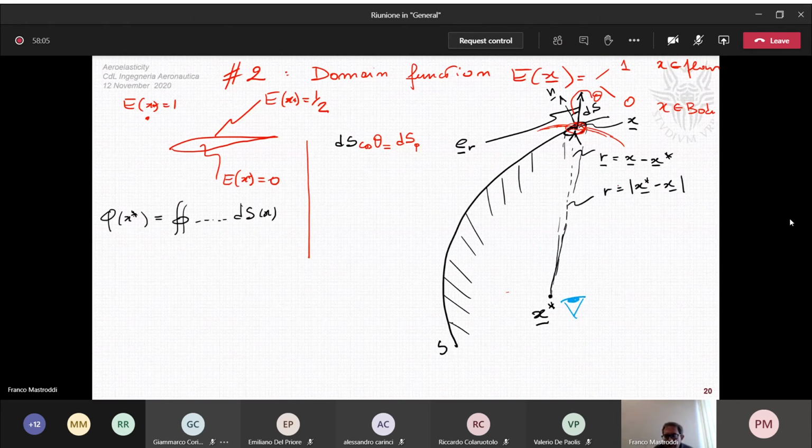Okay, because theta is the angle between the normal n and the unit vector er, and therefore theta is also the angle between the elementary surfaces dsp and ds. Okay, so we have something like that. We have dsp, and we have ds.